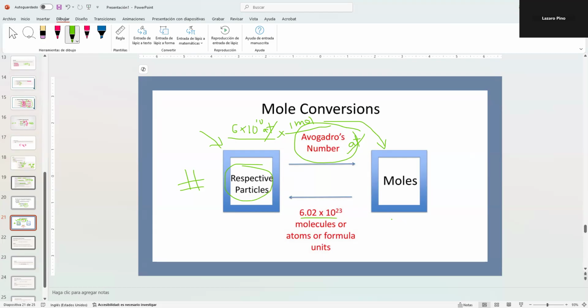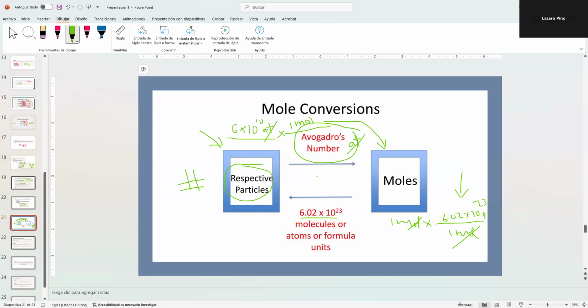For example, you say that you have 1 mole of a compound, and then you multiply by 6.02 times 10 to the 23 particles in 1 mole, in such a way that you cancel out mole with mole and you get the number of particles that can be atoms, molecules, protons, anything.